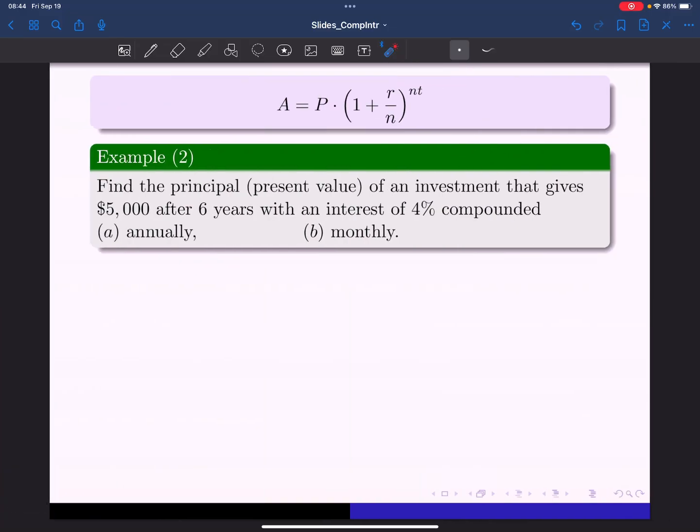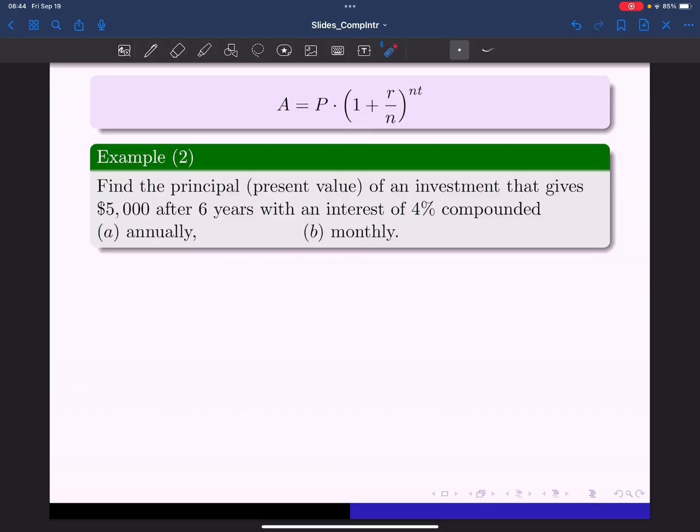Example 2. Find the principal present value of an investment that gives 5,000 after 6 years with an interest of 4% compounded annually or compounded monthly.